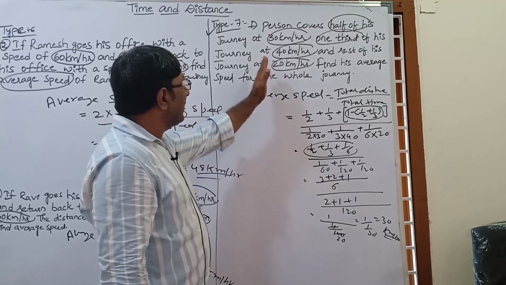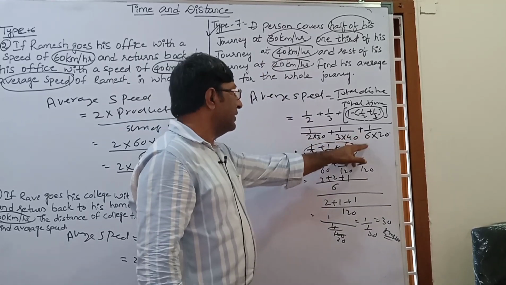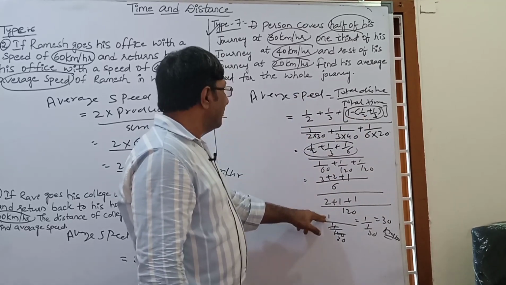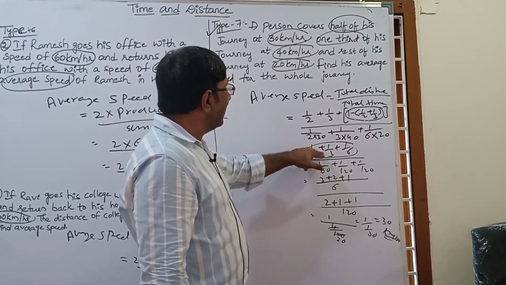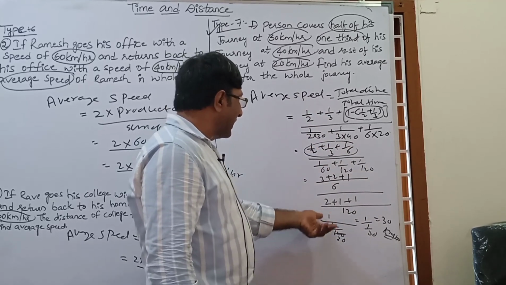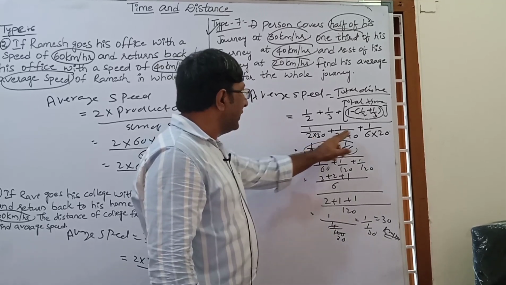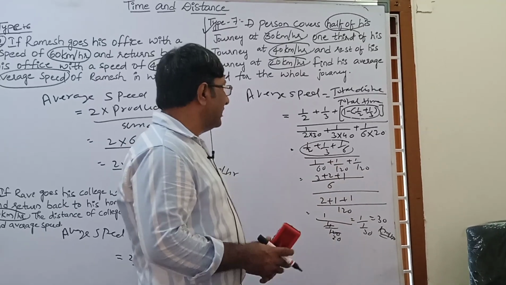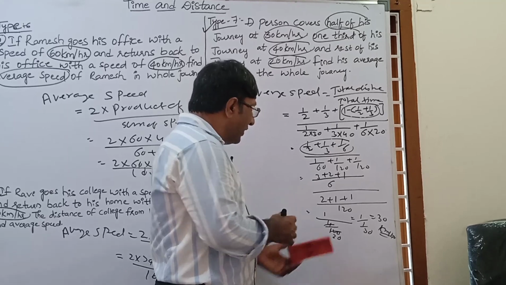So half upon 30, that is 1 by 2 into 30, 1 by 3 into 40 and the last one. The total distance is 1, so you can directly write 1, because half plus 1 by 3 plus 1 by 6 is the total distance covered. And here 60, 120 and 120, you know well the LCM is 120. So this is 4 by 120, so this is 1 by 30.